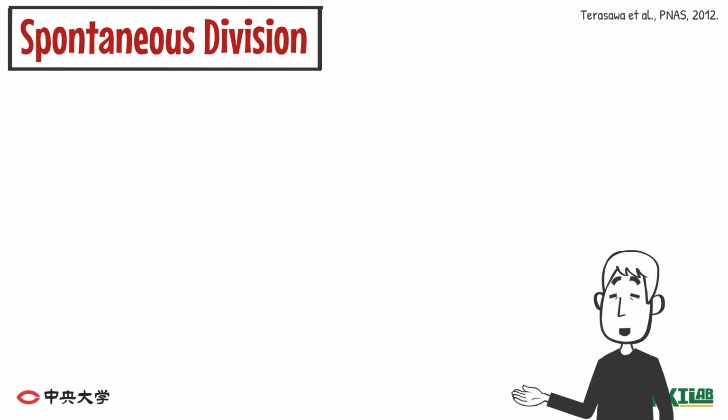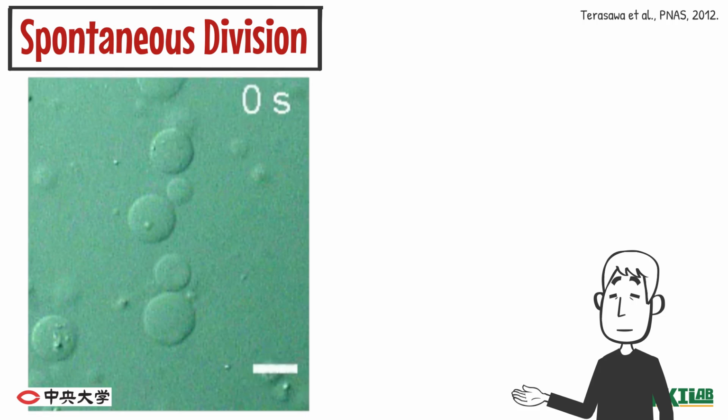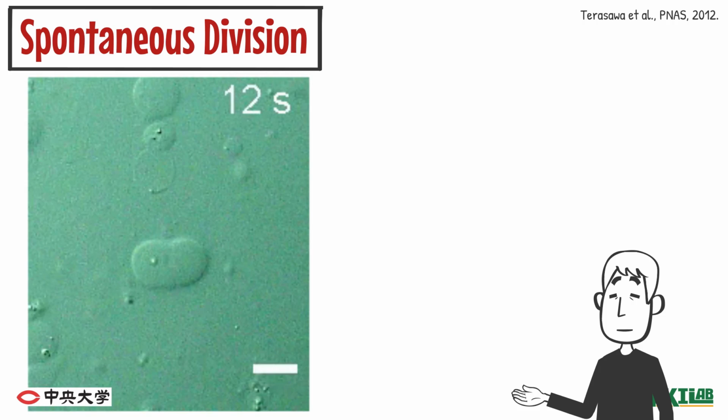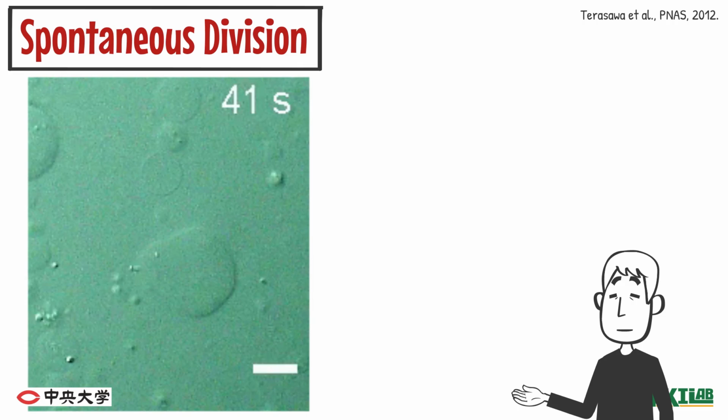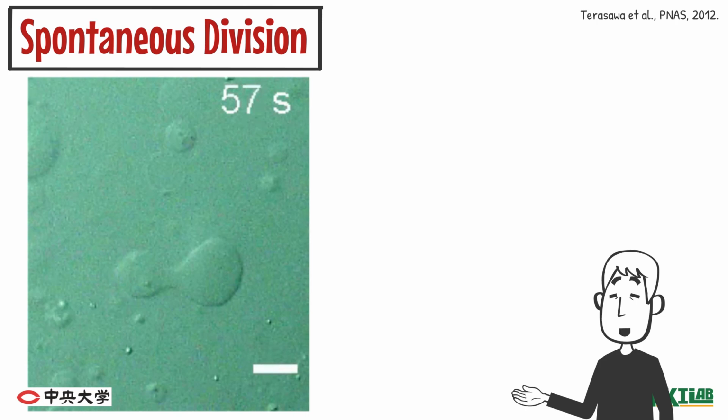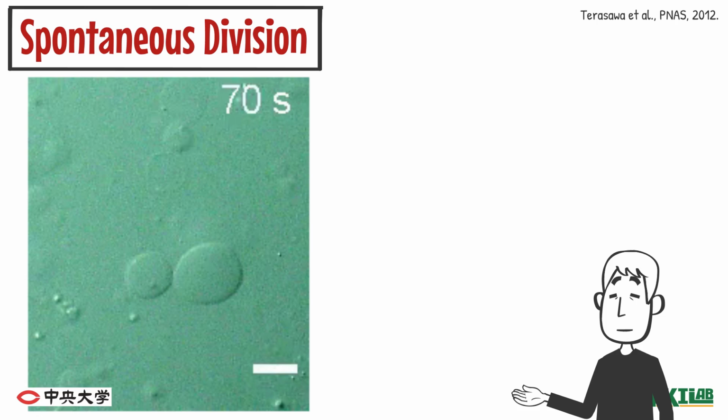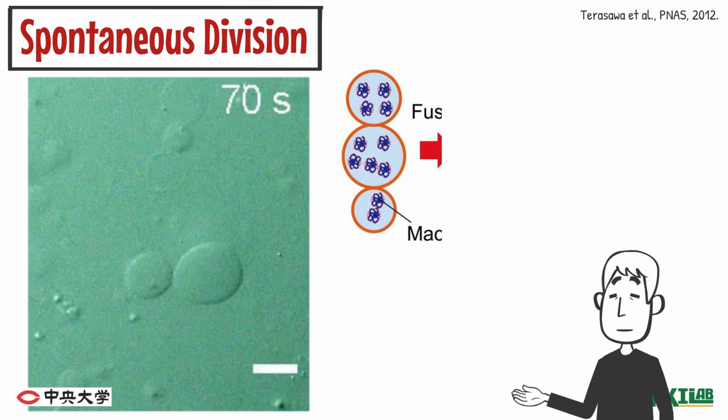An important function of cells is their ability to reproduce themselves through cell division. In this movie, multiple liposomes first fuse together using an electric pulse, but then, when left alone, they spontaneously deform to divide. We found that this phenomenon occurs when liposomes are tightly packed with polymers, similar to actual cells.